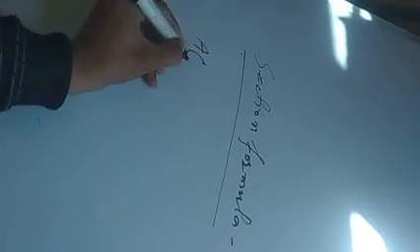For instance, A has coordinates x1, y1, and B has coordinates x2, y2. So this line is AB.